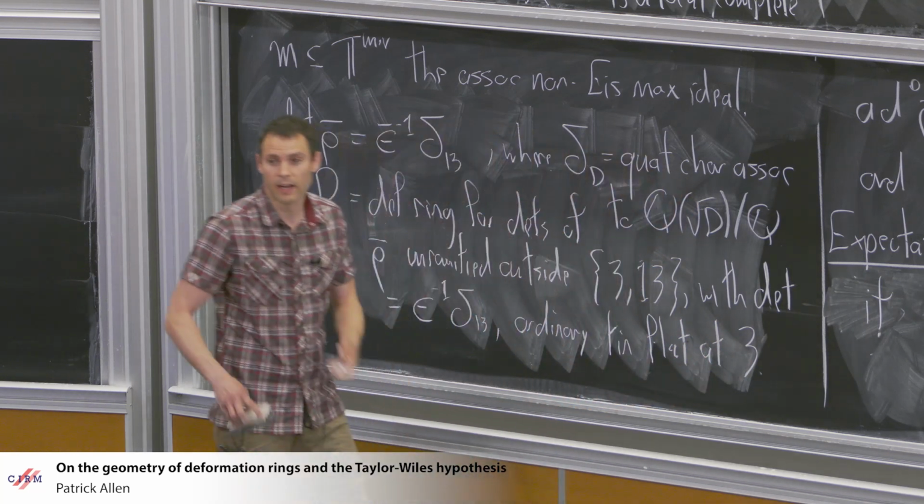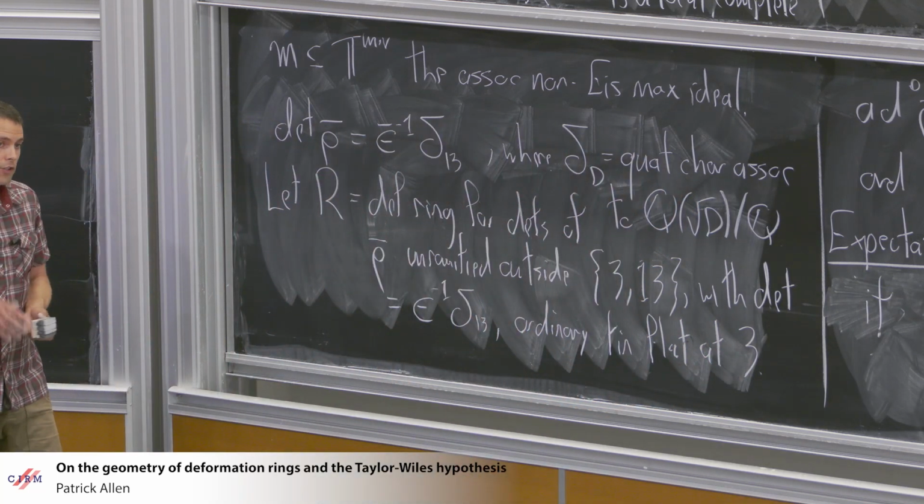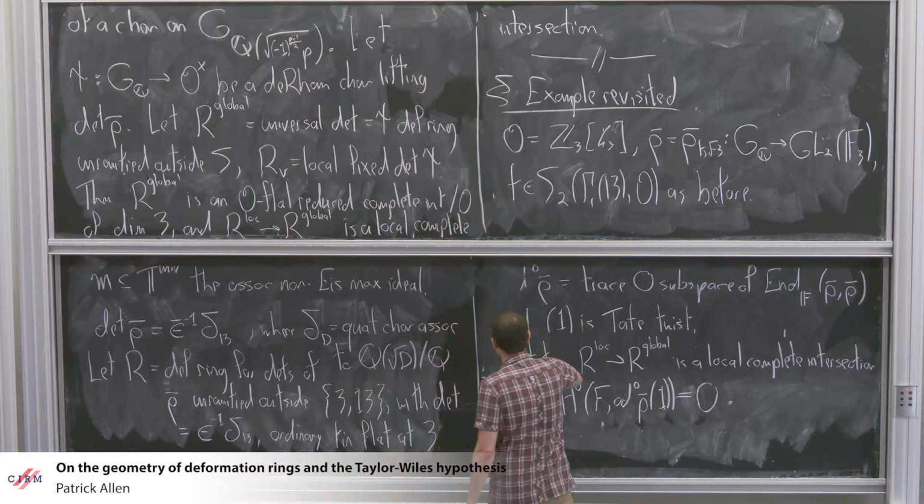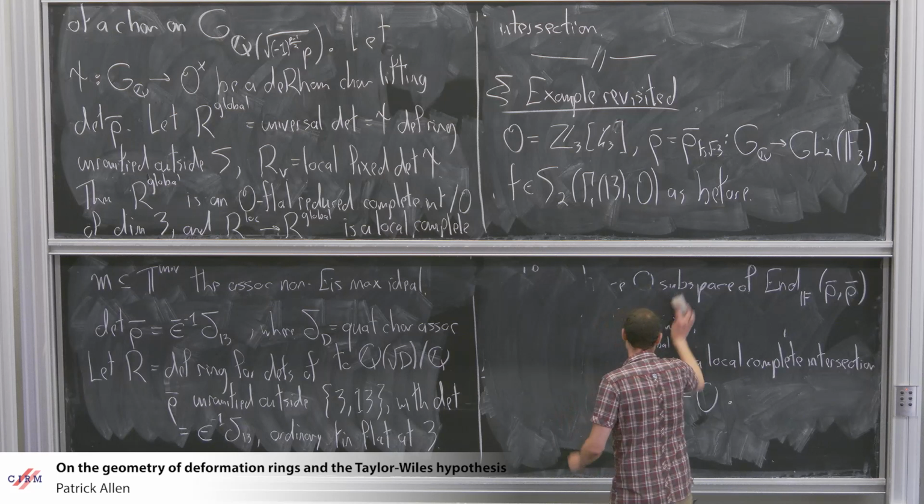So things that in characteristic 0 are ordinary, Hodge-Tate weights 0, 1, crystalline condition. But no condition at 13.